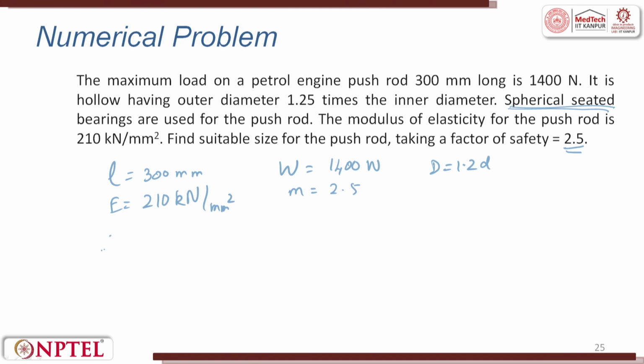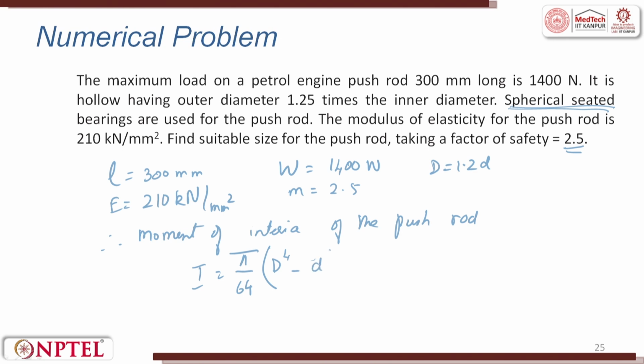So, the moment of inertia of the push rod is I equal to pi by 64 into (D to the power 4 minus d to the power 4), which is equal to pi by 64 into (1.2 d) to the power 4 minus d to the power 4, which is equal to 0.07 d to the power 4 millimeter to the power 4.